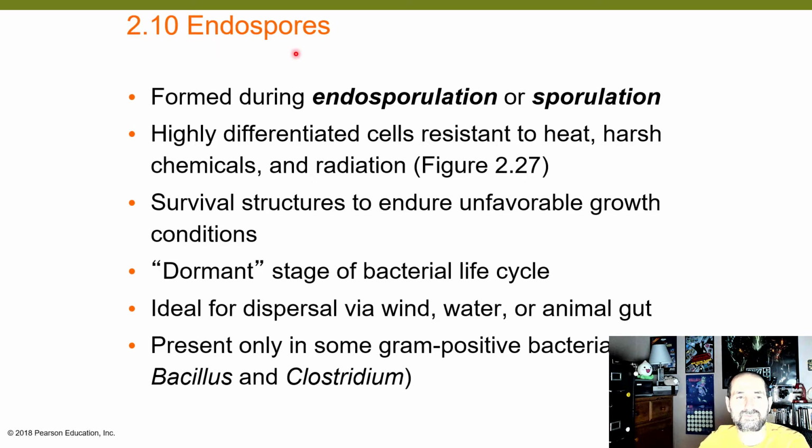Okay, and what are endospores? We've mentioned in class several times that some bacterium are able to form endospores. This process is known as sporulation normally, or endosporulation. The genera that can form endospores are mainly the genus Bacillus and the genus Clostridium.